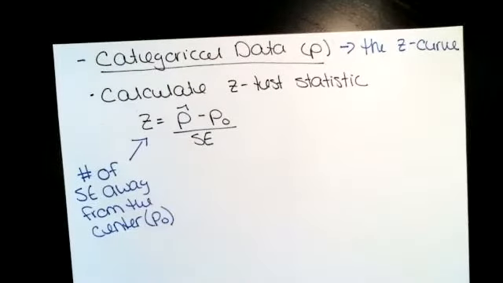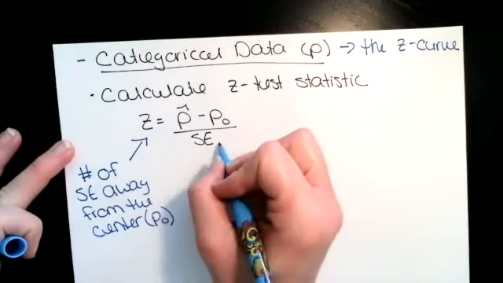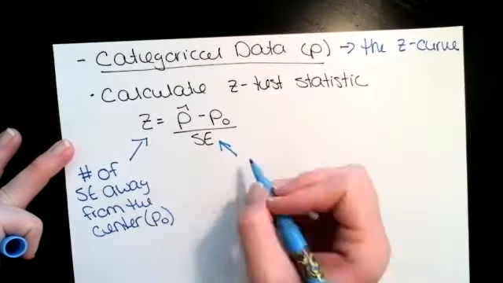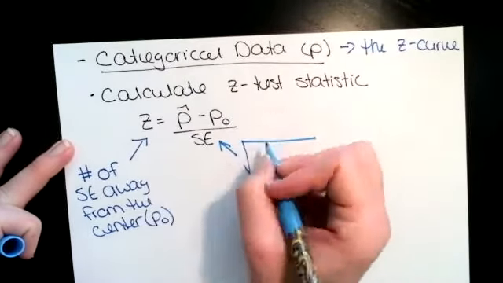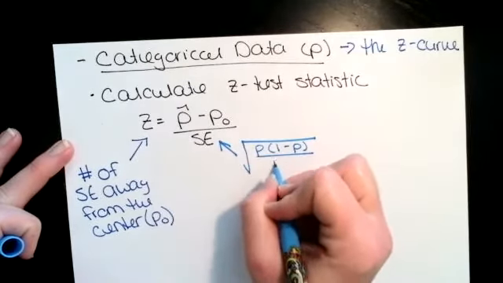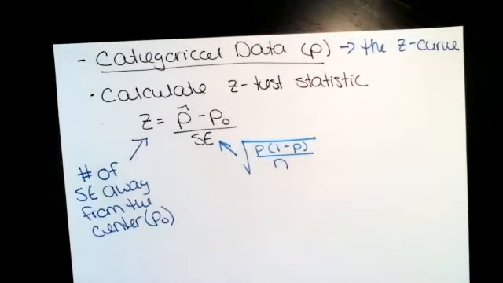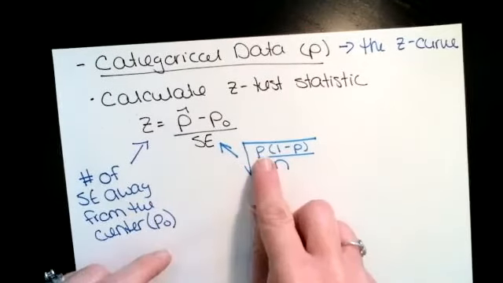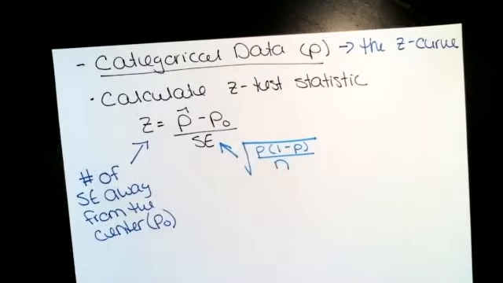Keep in mind here, standard error, remember for proportions, is the square root of p times 1 minus p divided by n, right? But it's not p in this calculation. Think back to last week when we were checking normality for proportions. We use the center of our curve. Same thing for the standard error.